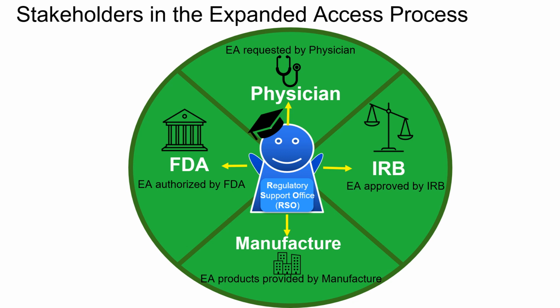We submit those applications on their behalf. We assist in responding to FDA inquiries if any. We also assist with obtaining IRB approval and IRB concurrence. We will provide the required documents, templates, and informed consent as well.